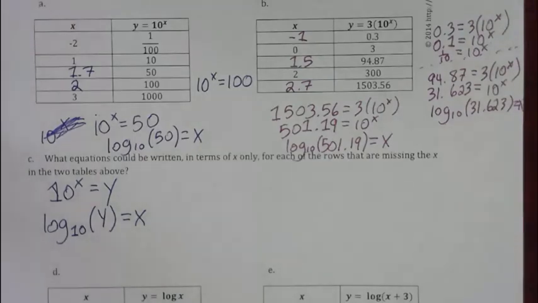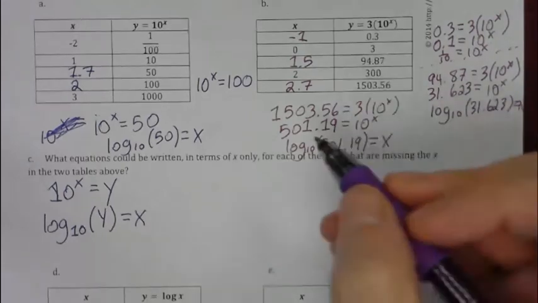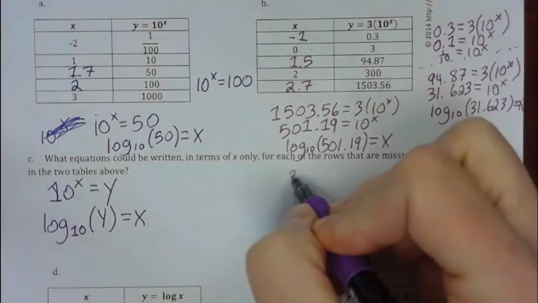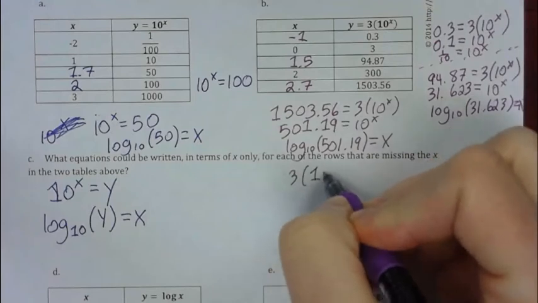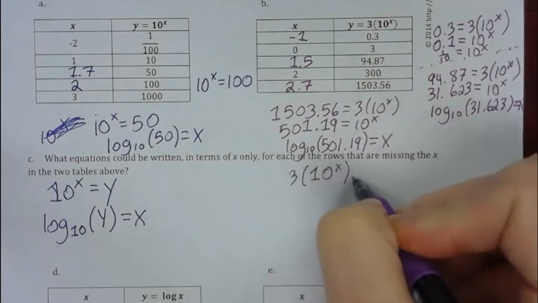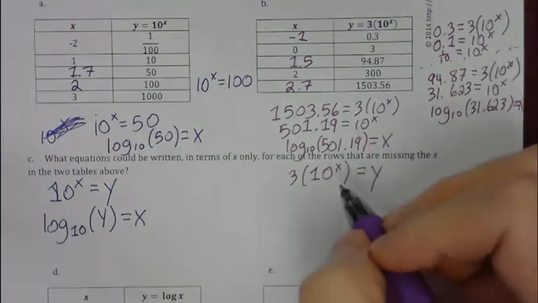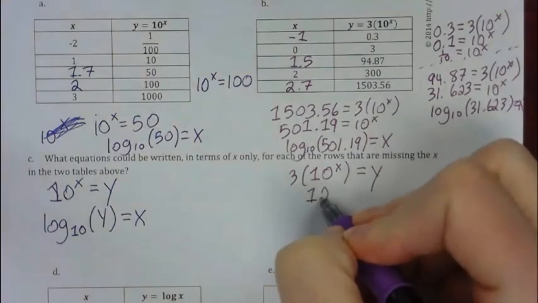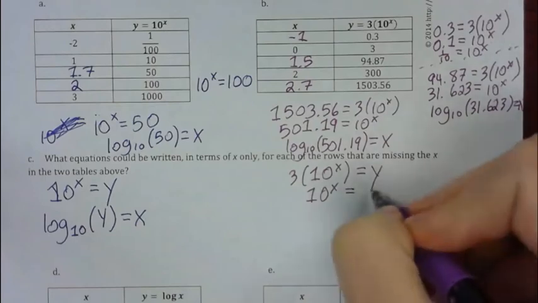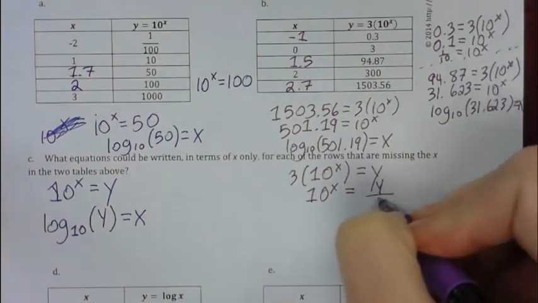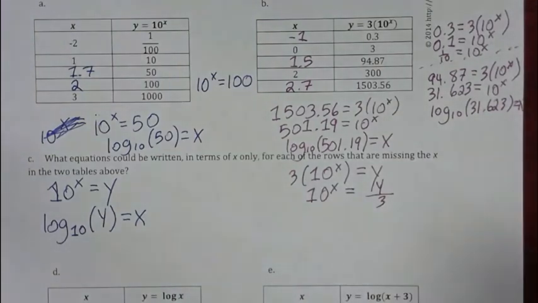Now the other one is a little bit trickier, but only by one extra step. We have 3 times 10 to the x equal to y as our equation for that table. If I divide by 3 first, I then have y over 3 on the right side. And then I can convert this into a logarithm.